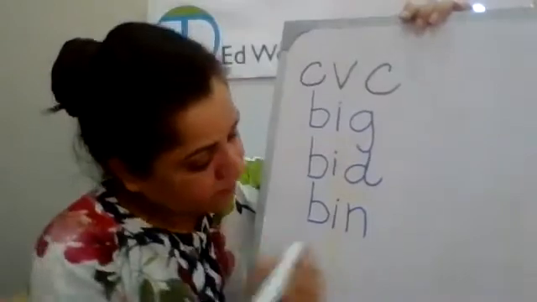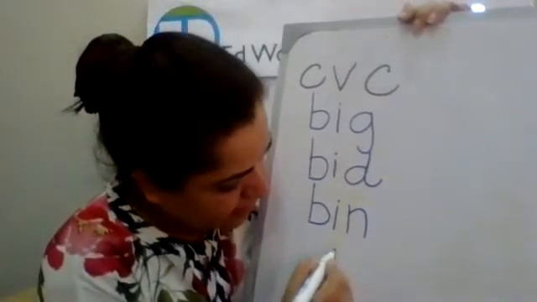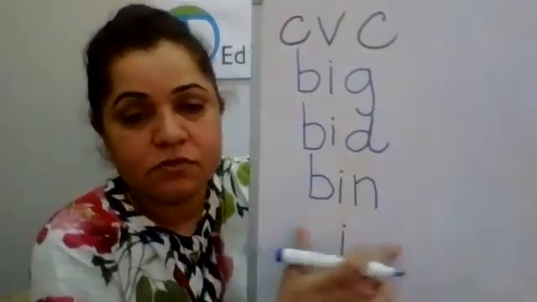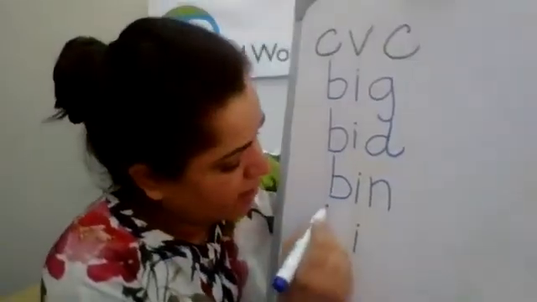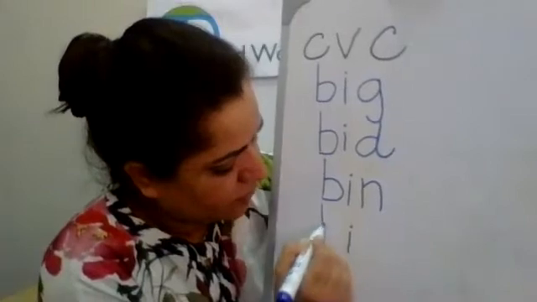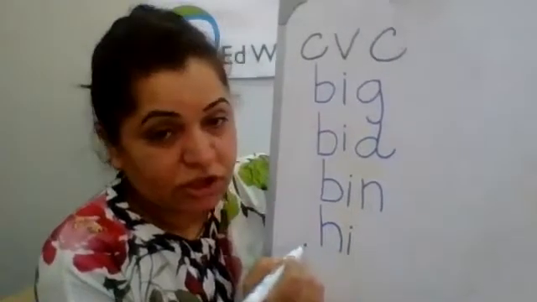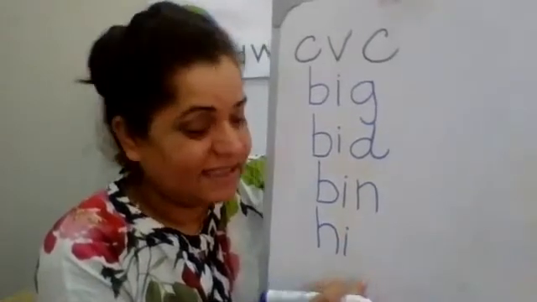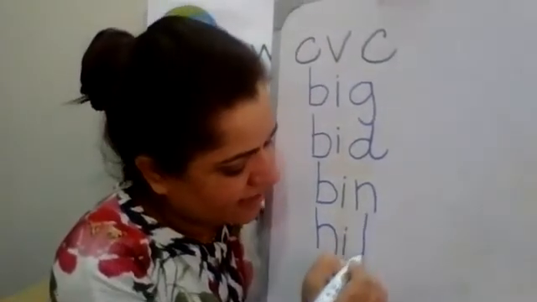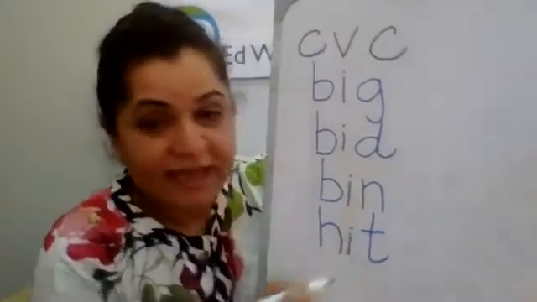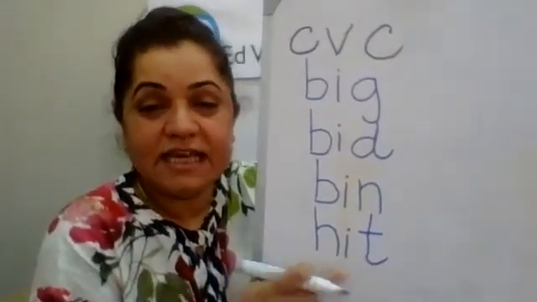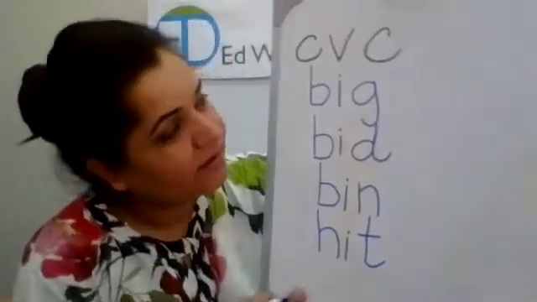Okay, another I. Now, who is going to give me the two consonants? H, okay. I'm going to write H over here. Then I. What should come here? D. Okay, let's see. What does this make? Hit. H-I-T, hit. Very good.